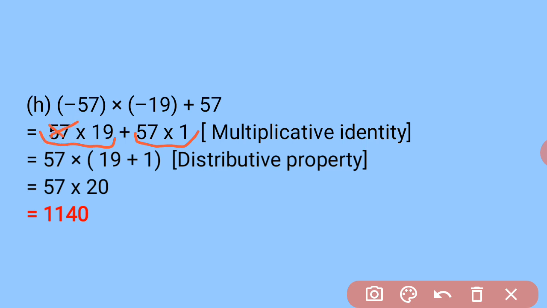Now 57 removed from here, 57 removed from here. You are left with 19 in the first tray and 1 in the second tray. Just add them quickly. 19 plus 1 gives you 20. 57 is to be just multiplied by 2 now and followed by a 0. And this is how you quickly get the answer.